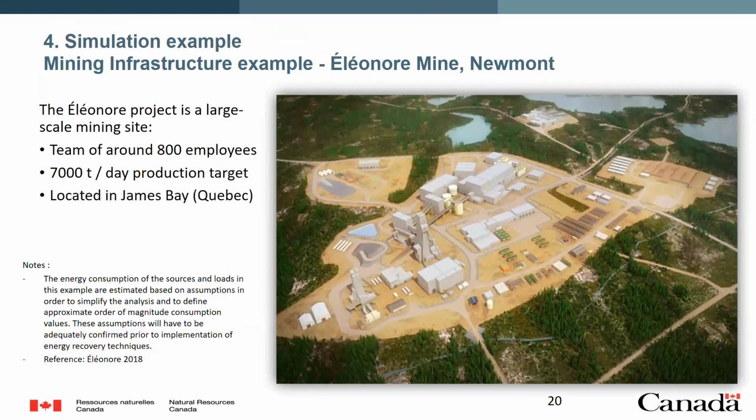So for the example, it's based on the Eleanor mine site. And just so you have an idea, the team of the site is around 800 employees. The target daily production is 7,000 tons. And this is located in the James Bay in Quebec, okay? And just for clarification, we did not use current data from the mine site.